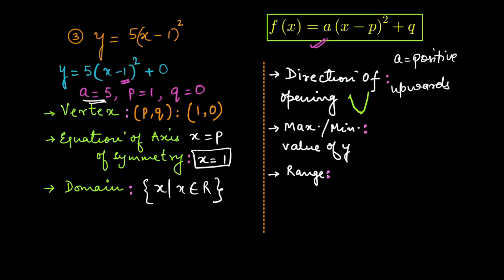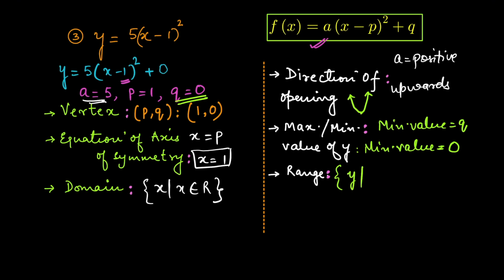Whenever the curve opens upwards, it has a minimum value, and the minimum value equals q. As per the question, the q value is 0, so the minimum value will be 0. Then we write y is such that y is greater than or equal to 0 and y is a real number.